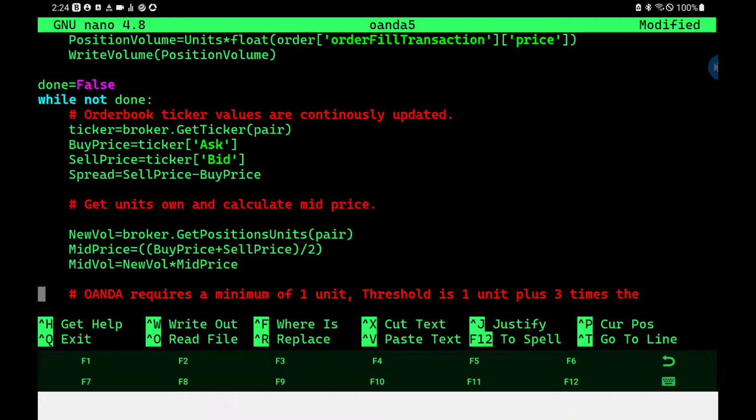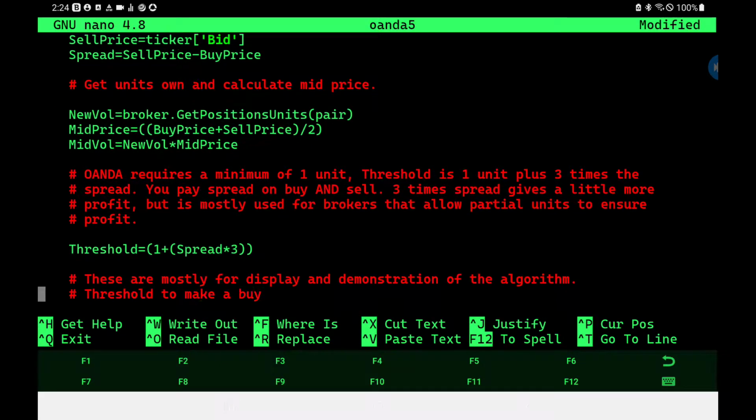Okay, now, Oanda requires a minimum of 1 unit, period, and it's whole numbers only. So that's why when we calculate our threshold for buying and selling, we have to add 1 to the number, because otherwise it will come back as just the spread, which would be 2 pips or 3 pips or 5 pips or whatever that market is.